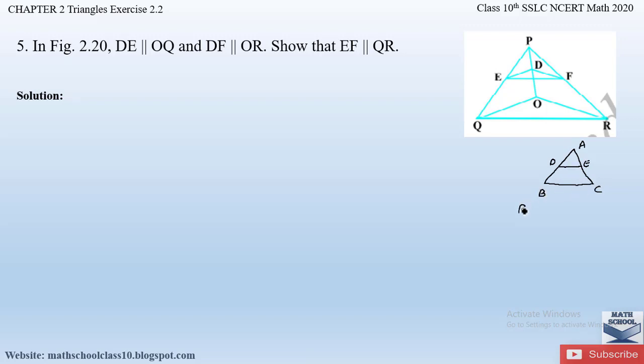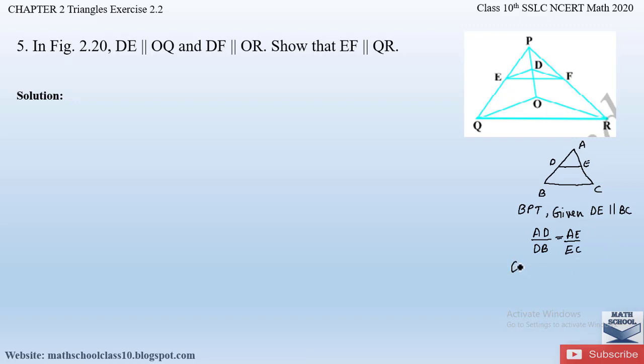According to the BPT theorem, if a line DE is parallel to one of the sides of a triangle ABC, in this case BC, then it intersects the other two sides, that is AB and AC, at points D and E in equal proportion. Given that DE is parallel to BC, we have to prove the other two sides are divided in equal proportions, that is AD by DB is equal to AE by EC. So this is the BPT theorem.